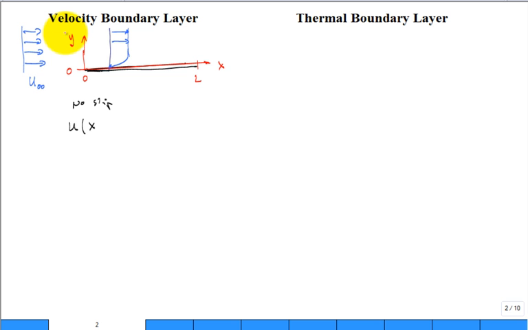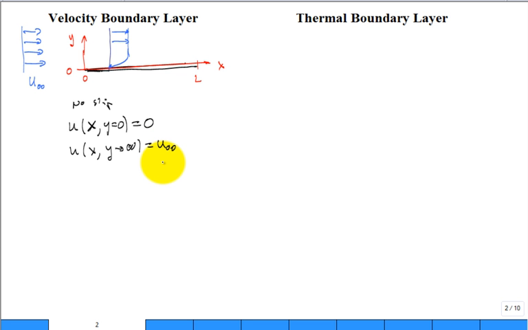So that's our coordinate system. So we'll talk about u, the x component of the velocity, at any location x along the plate. When y is equal to 0, that is 0. And then we'll talk about u at any location along the plate. As y goes off to infinity, that has to be equal to u infinity.